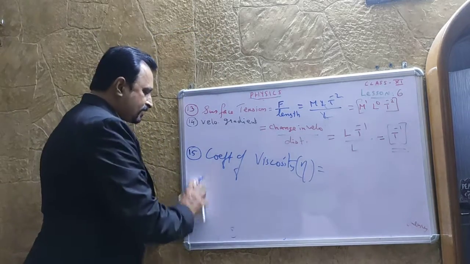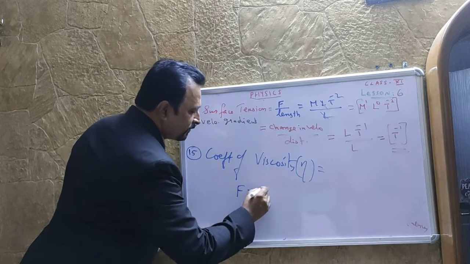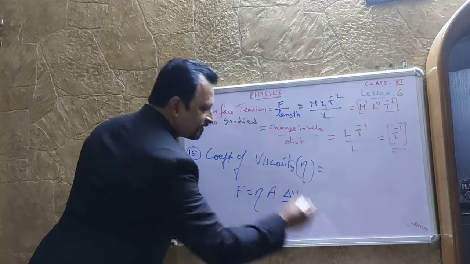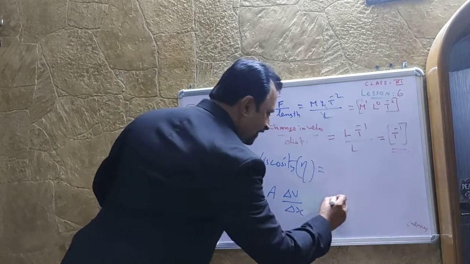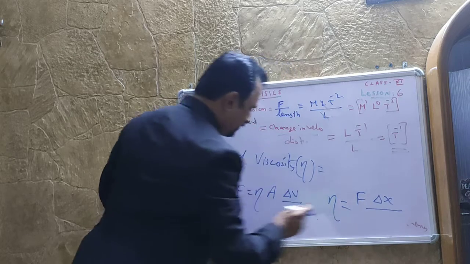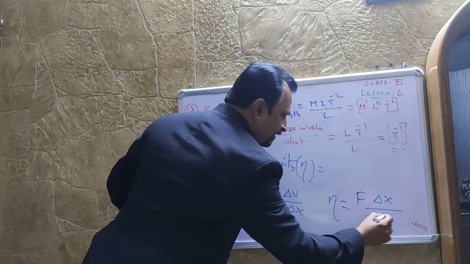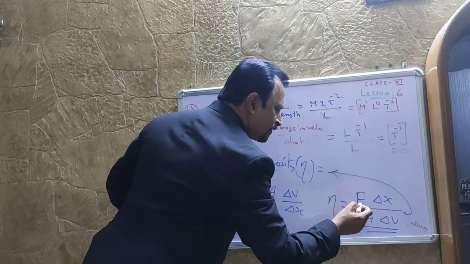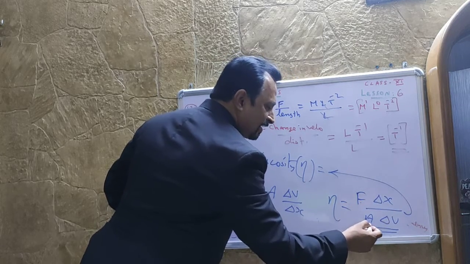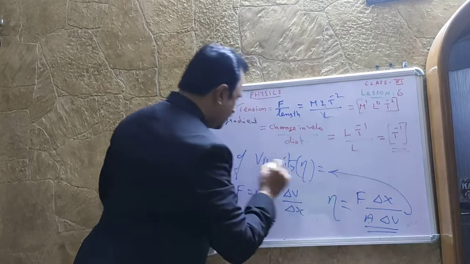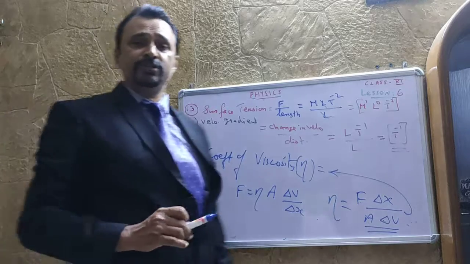You can write this based on this formula: F is equal to eta area velocity gradient. From this you can write what is eta. So your eta will be force into distance divided by area into delta V. Now you write the dimensional formula for force, distance, area means L square. Change in velocity is velocity, L T minus 1. You will get the dimensional formula for coefficient of viscosity. Thank you.